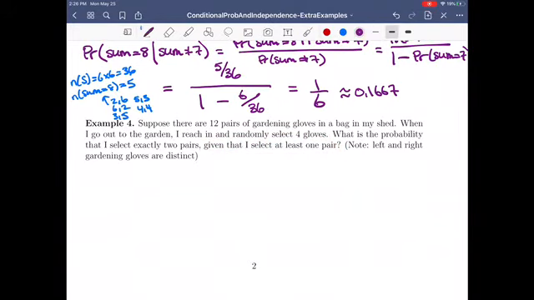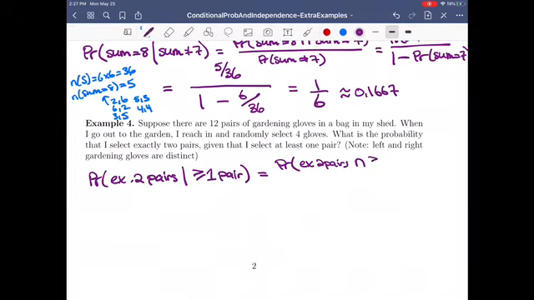Okay, so I want the probability of exactly 2 pairs, given at least 1 pair. So my first thing I always do is to write the conditional formula. So this is exactly 2 pairs and at least 1 pair divided by the probability of at least 1 pair.